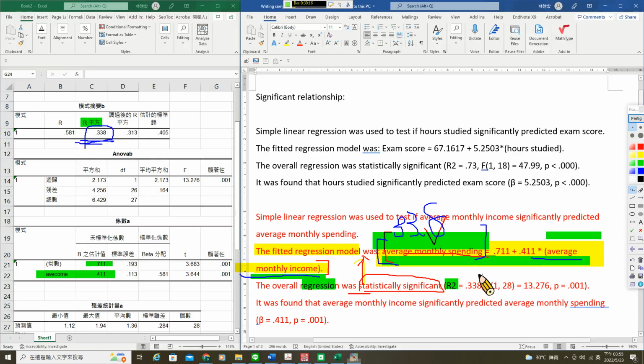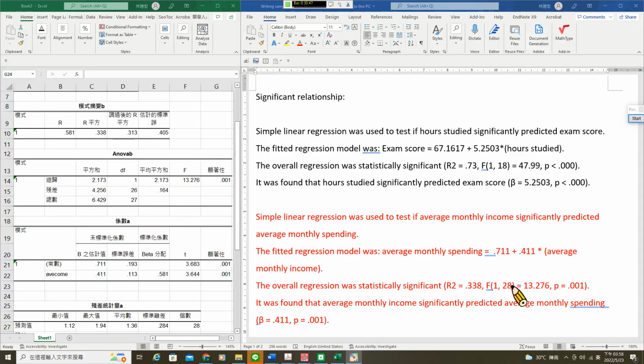Then did you see another one here? We see the number is here. R squared equal to 0.338. And then the variance, F score. F score is about here. F score, we have the 1 and 26. Oh, I'm wrong for this.